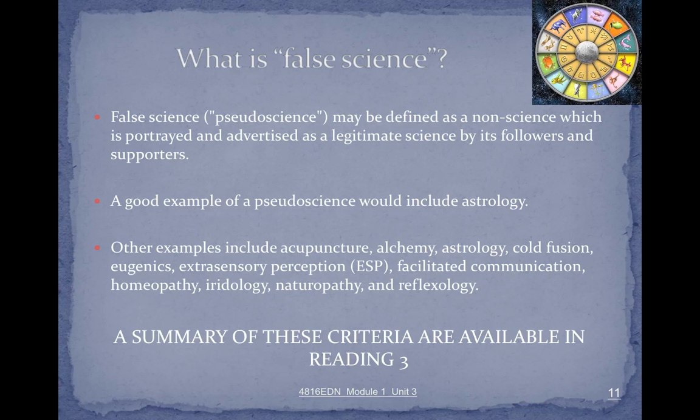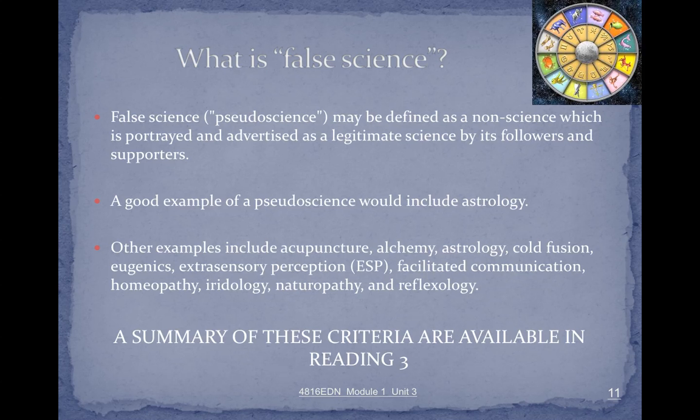Other examples are acupuncture, alchemy, cold fusion, eugenics, homeopathy, iridology, naturopathy, reflexology. So those are still within the realms of what we could call a pseudoscience, even though many have aspects of scientific criteria in them. They are portrayed as legitimate sciences, so that's where the difference lies.